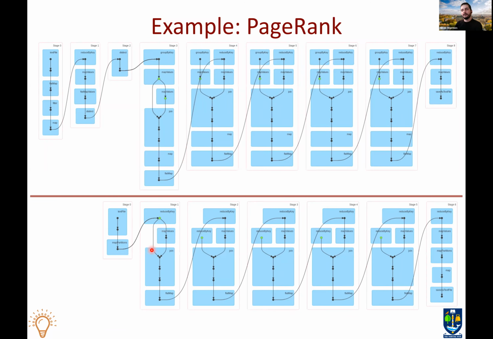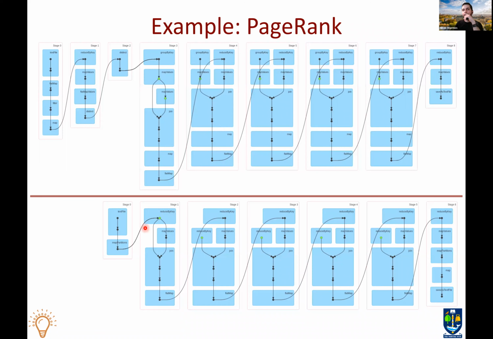But you can see that this second way of expressing the graph results in 6 stages as opposed to 8 stages in the top. And in actuality, this bottom code runs twice as fast as the top code, doing exactly the same thing on exactly the same data, right?